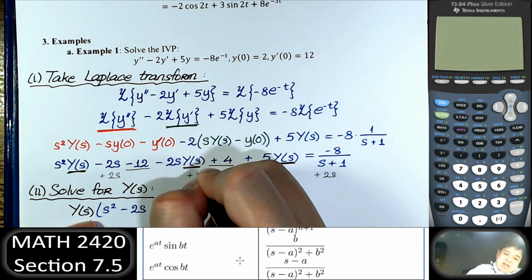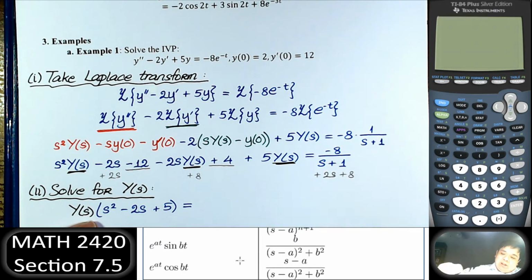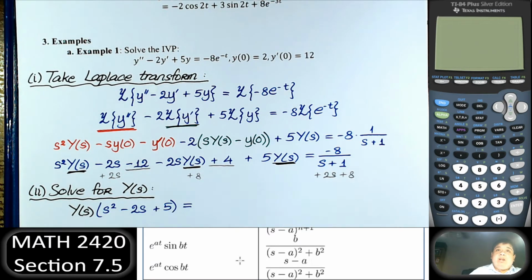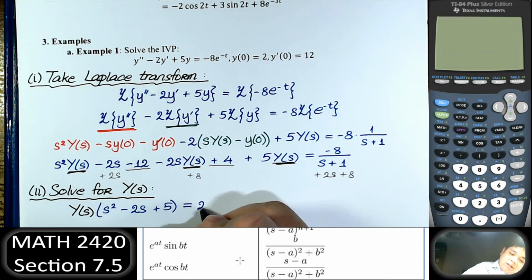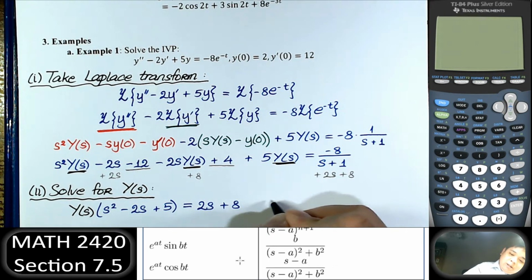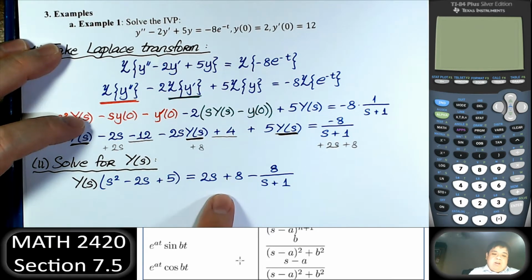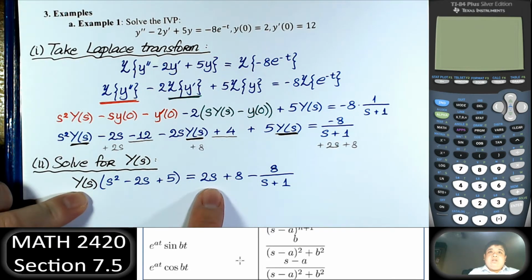So let's plus 8 on both sides. So that 2s cancel out, and negative 12 plus 4 and 8 cancel out. So we have 2s plus 8 minus 8 over s plus 1. Right? Of course, finally, we just divide by s squared minus 2s plus 5 on both sides.